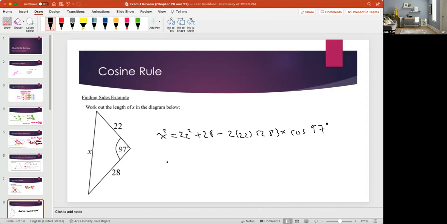Okay, eventually you will get rid of this square, and instead you will take the square root of this. If you punch this in your calculator, you will get an answer.